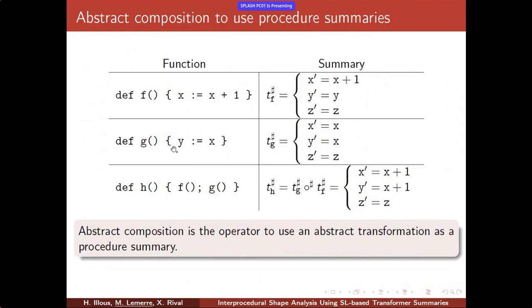Here g only assigns x to y. And here you have the composition: first a call to f and a call to g. The meaning of h is really the abstract composition of the two abstract transformations tf and tg. And so abstract composition is really the operator to use an abstract transformation.